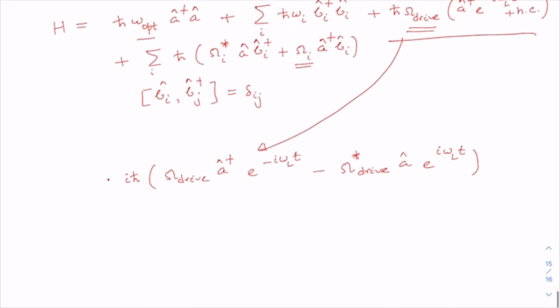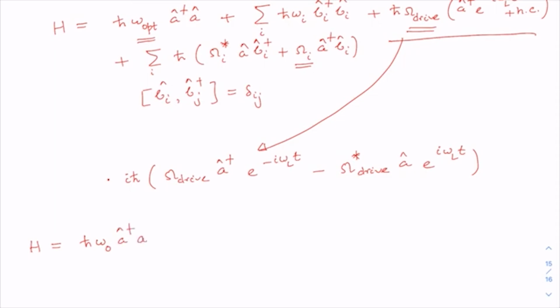But as I said, let me rewrite the whole Hamiltonian in this form, and this is what we are going to analyze. Rather than writing omega opt, let me just put h cross omega 0 here, that is the optical cavity resonance frequency.